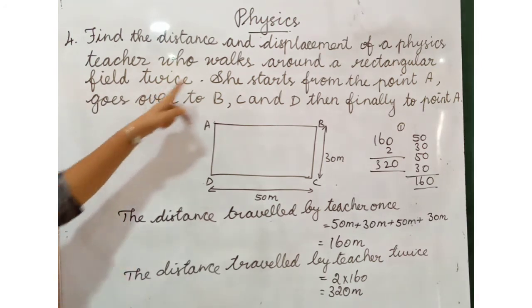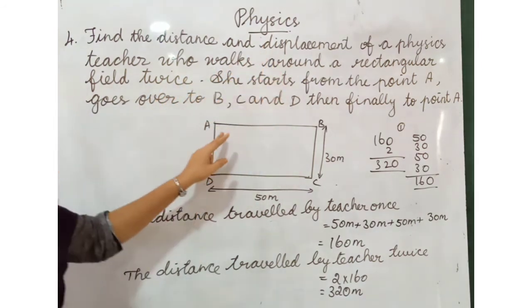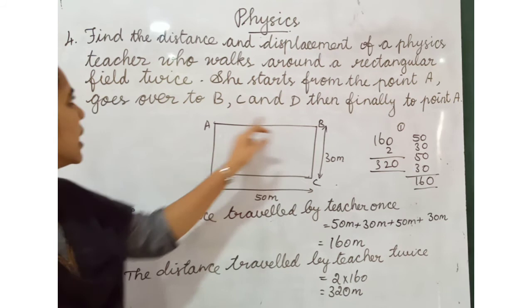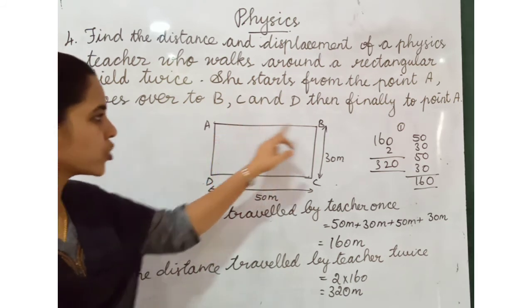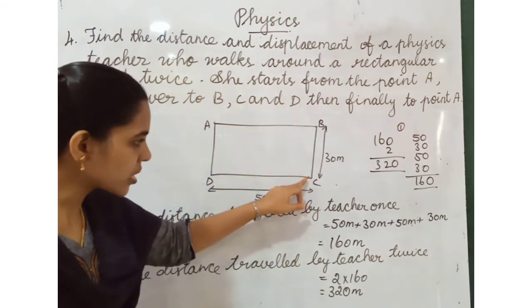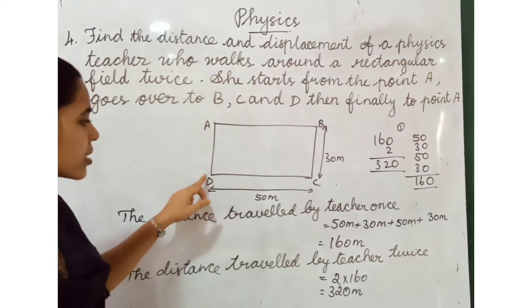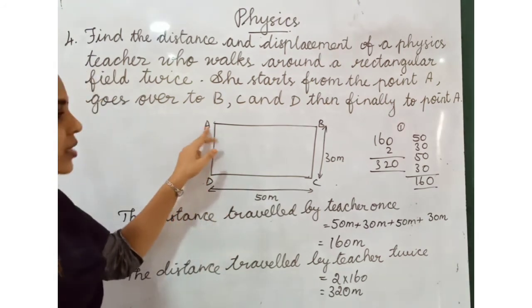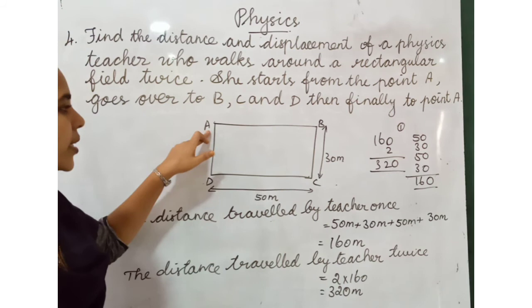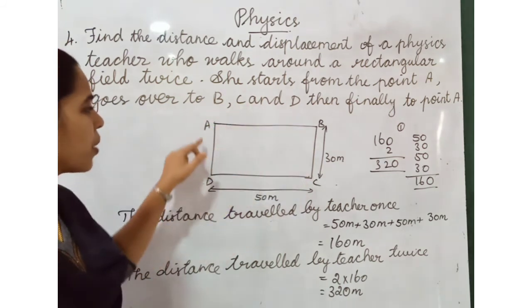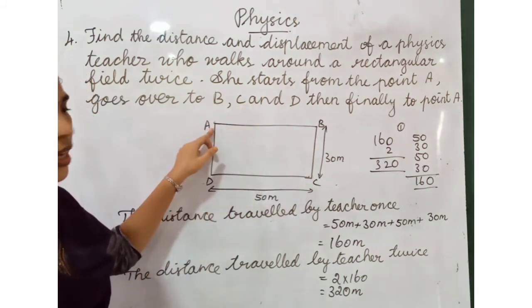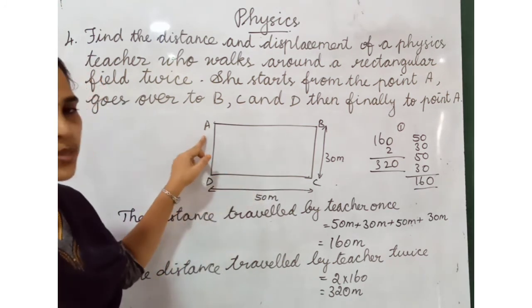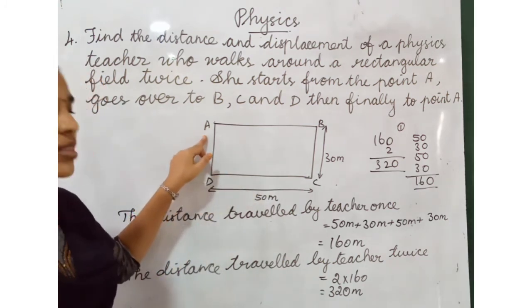Now we have to find the displacement. Listen, the teacher walks around the rectangular field from A to B, from B to C, again C to D and from D to A. She is coming back. The starting point and the ending point are the same. So the displacement is 0.